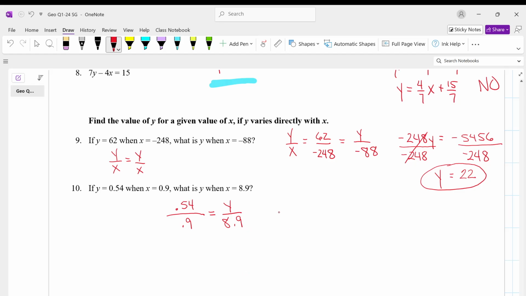Crisscross multiply. 0.9y is equal to 0.54 times 8.9 is 4.81. And then divide both sides by 0.9. 5.34.